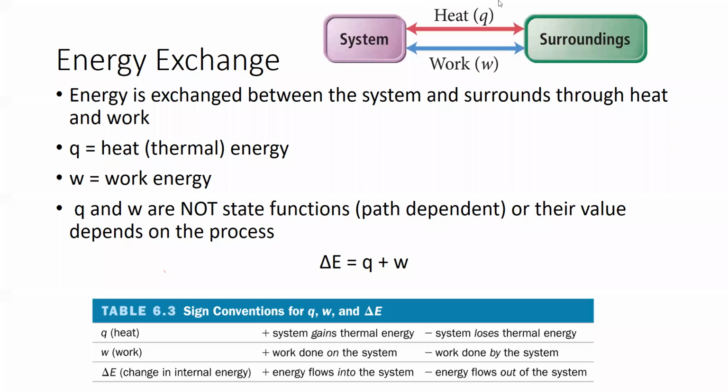The change in energy, remember, delta means change when you see it in a mathematical equation. The change of energy is equal to heat plus work. So we're just going to begin with a little bit of review on this in the form of questions that we didn't get to on Monday. So let's jump right into it then.